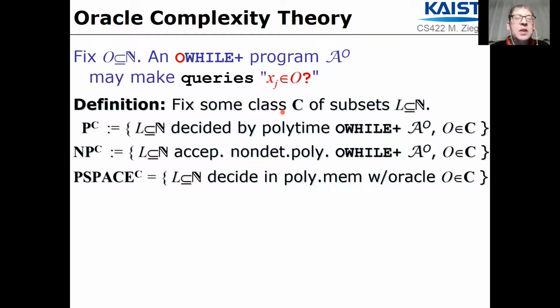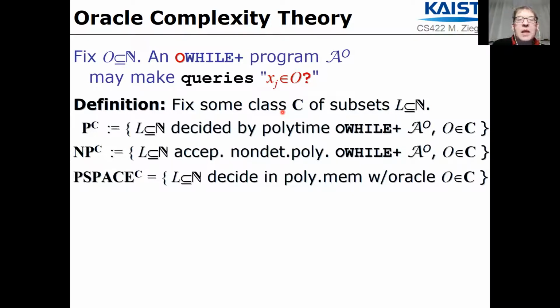So why do we consider these oracles? One reason or motivation is that this can serve as kind of hypothetical external subroutines. Imagine you purchase some commercial library which claims to be able to solve some hard problem, maybe some PSPACE-complete problem, in some way, maybe using some sophisticated hardware, some quantum computer, for example.